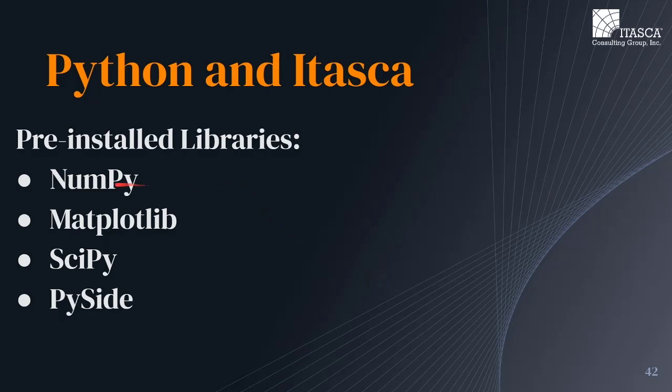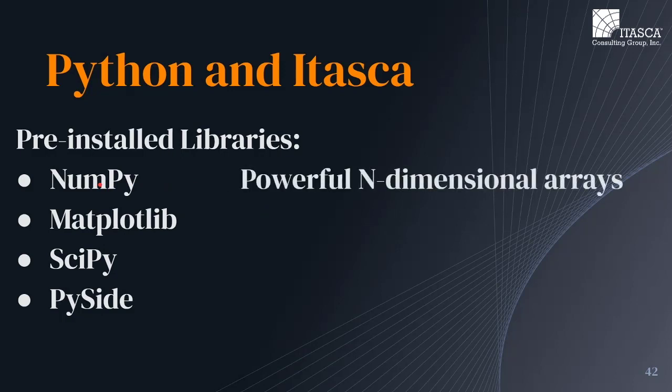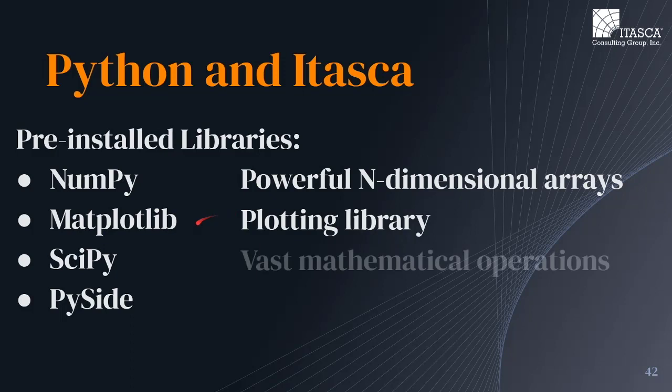The first of these is called NumPy. NumPy basically gives you access to powerful n-dimensional arrays, which will allow you to do all sorts of linear algebra and matrix mathematics. The second library is Matplotlib, which is a powerful plotting library which allows you to make figures and graphs from any given data. The third is called SciPy, which basically gives you access to vast complex mathematical operations, anything from optimizations to ODEs, differentiations, and so forth.